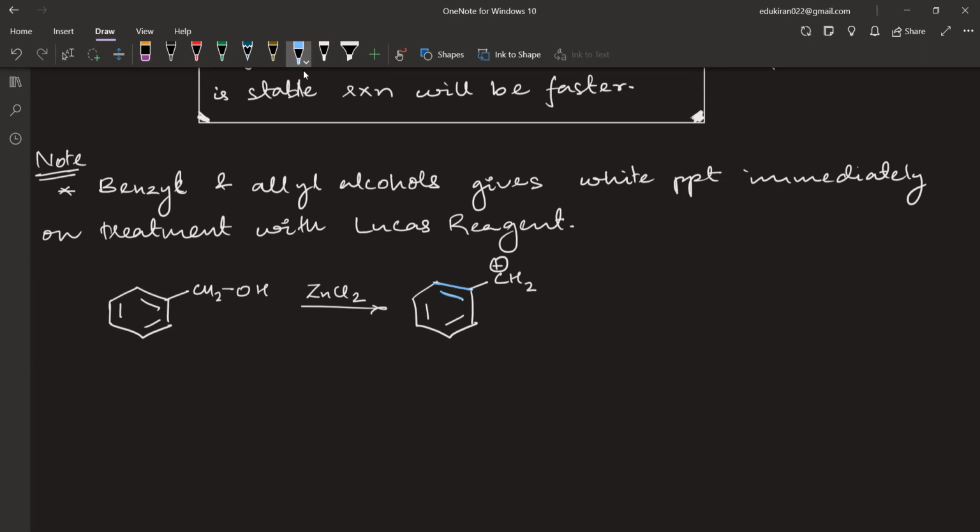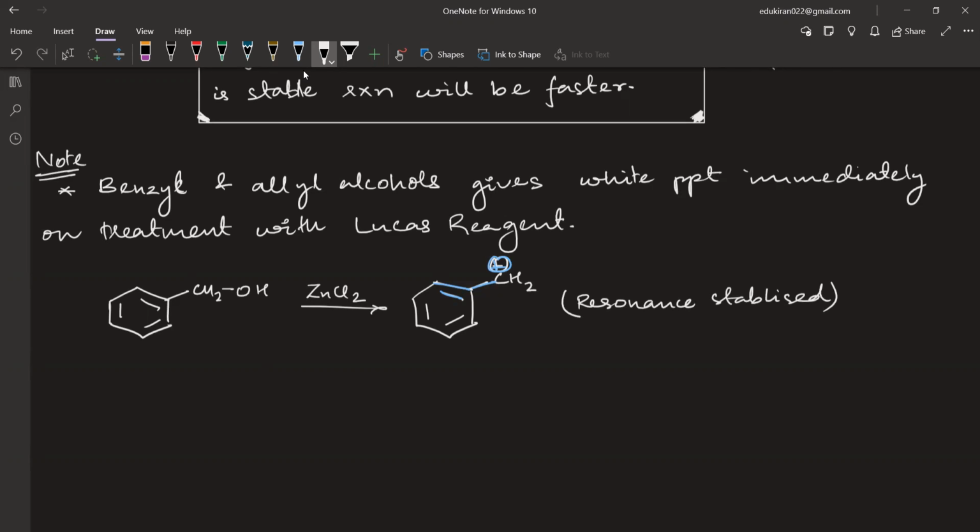It can show resonance, A double bond B, single bond C, and C has a positive charge. So once it can show resonance, we write that it is resonance stabilized. And since it is resonance stabilized, I can say that it is as stable as the tertiary carbocation, if not more stable than tertiary carbocation.